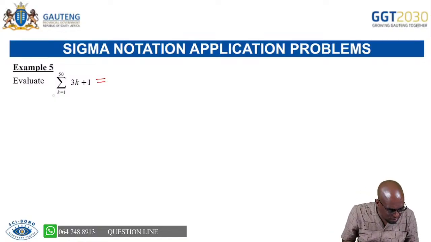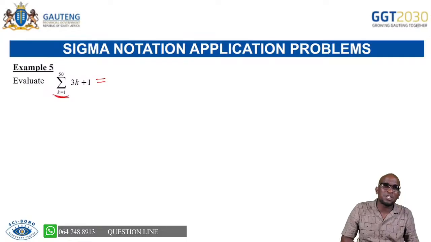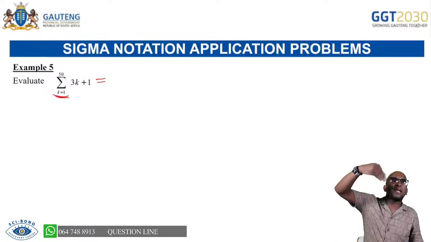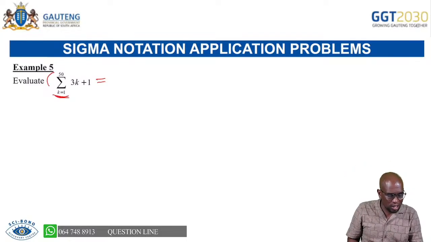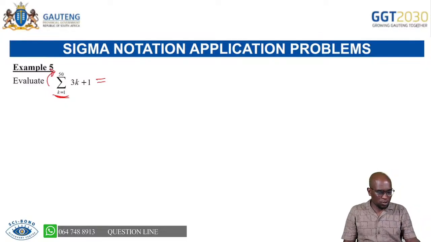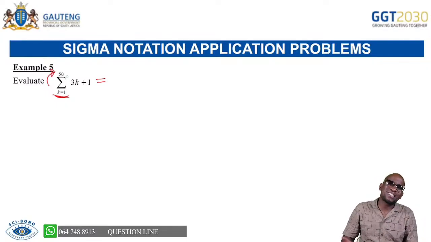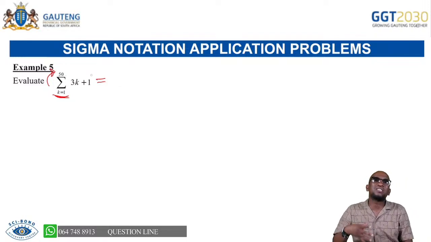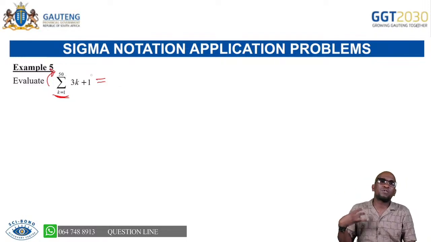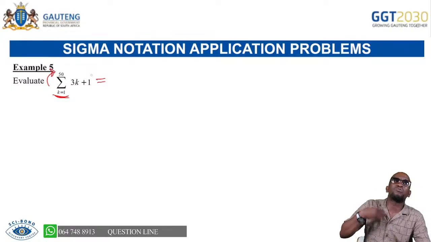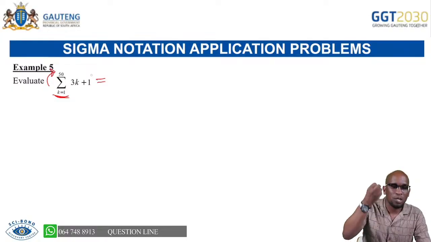You are going to substitute the lower index of summation and go up and up, checking what the upper index would be. But remember, since the upper index is a very big value, we can just expand to get the first 3 terms, and those first 3 terms are going to tell us how the sequence will behave.